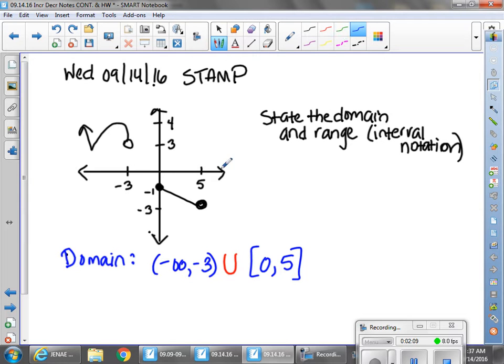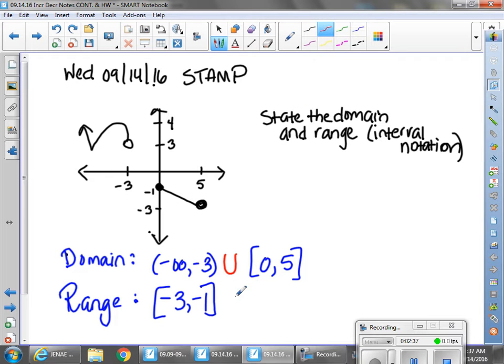Okay. Range. What do we have for the range? -3. Good. Bracket, parenthesis. Bracket, closed circle.